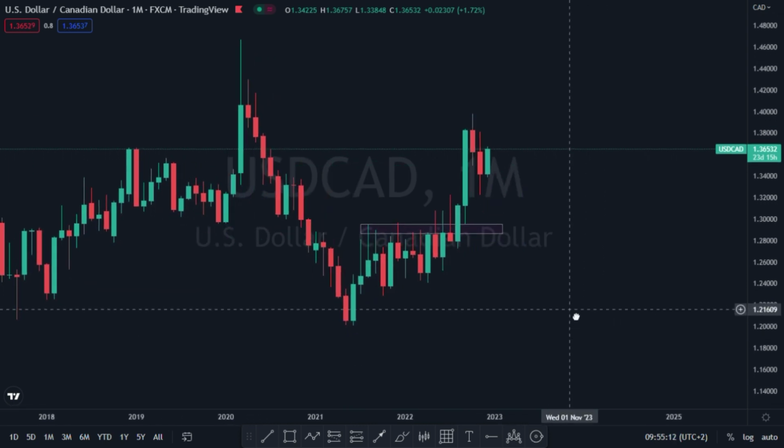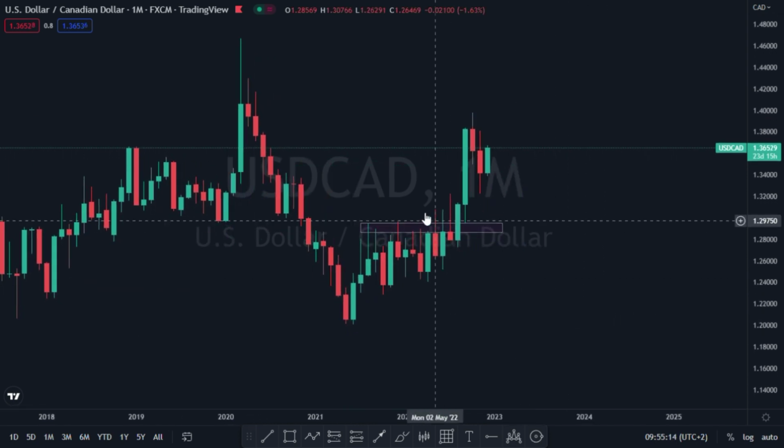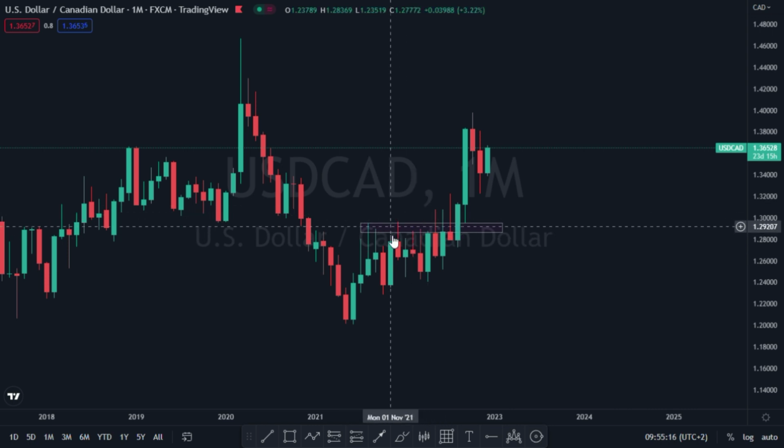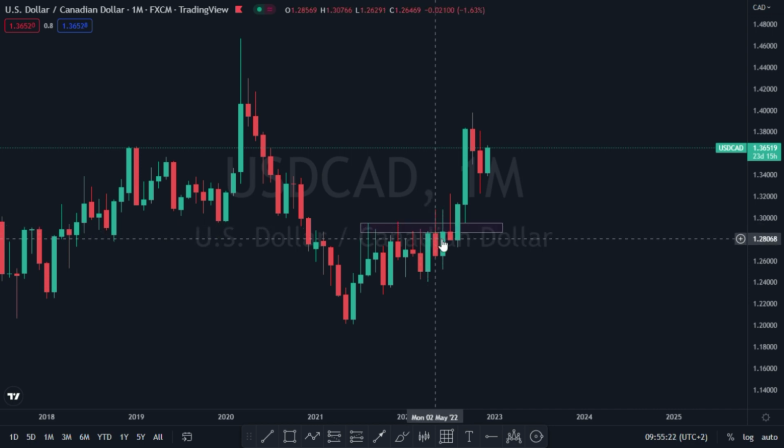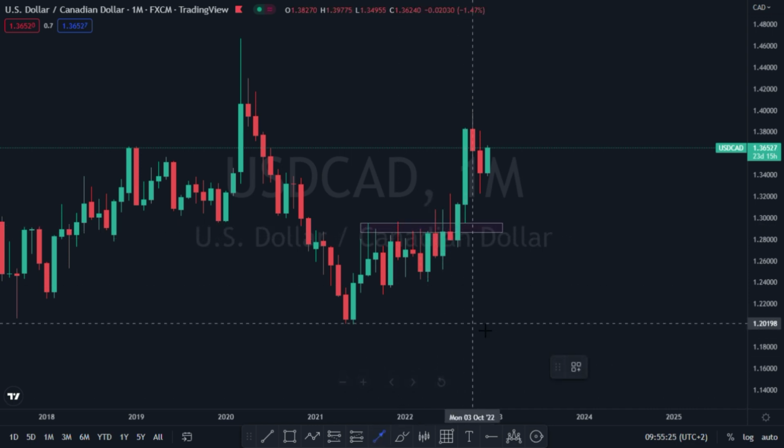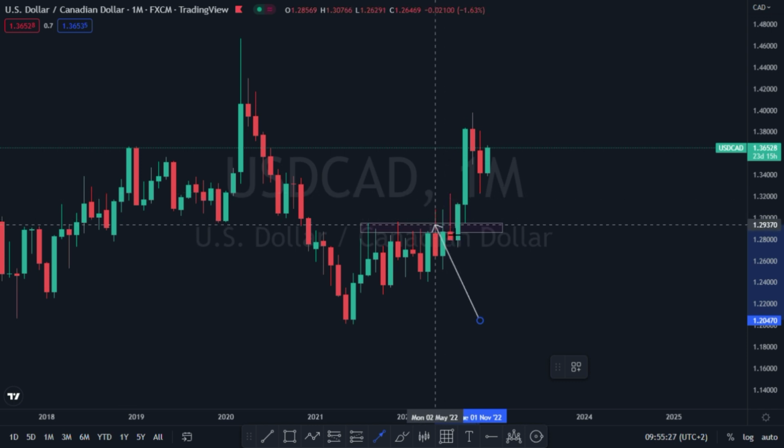So we can already see what the market has presented right here, right? On these weeks right here, the market couldn't push through. So the market has been respecting these levels, and look at what this candle did right here.